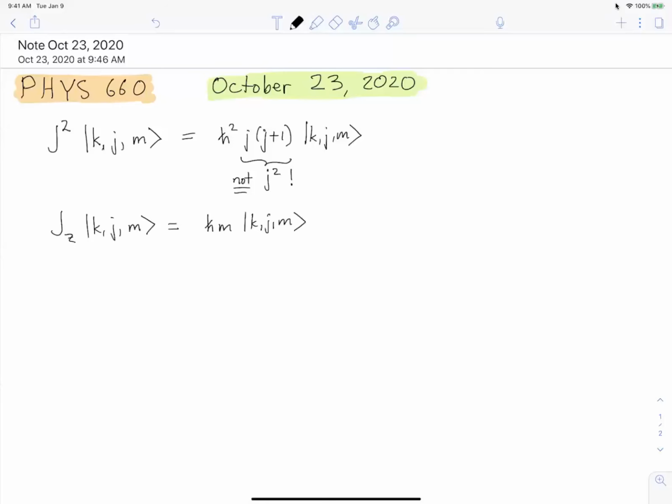Okay, and last time we had worked out some facts about these objects. I think I called them facts 1 through 7. And they imply, after we played around with them and did a little bit of algebra, that j has to be a non-negative integer divided by 2.